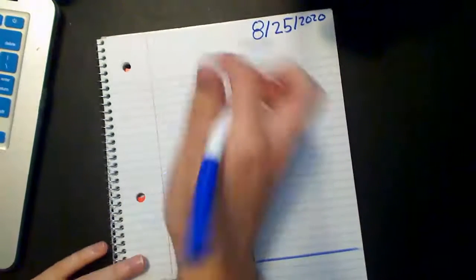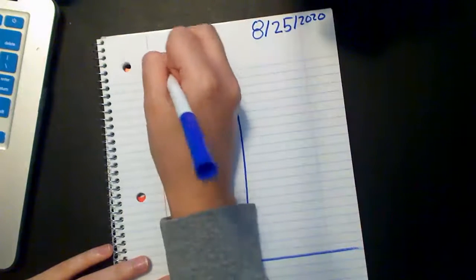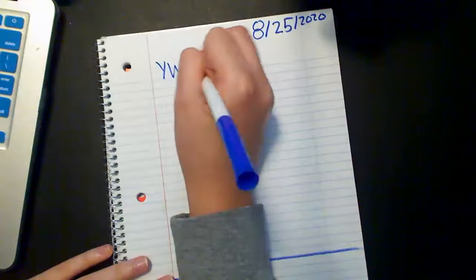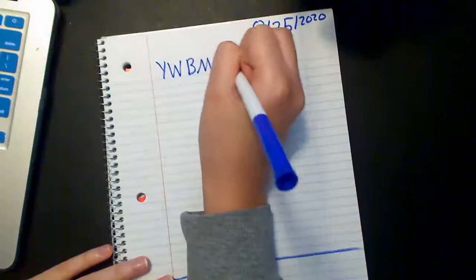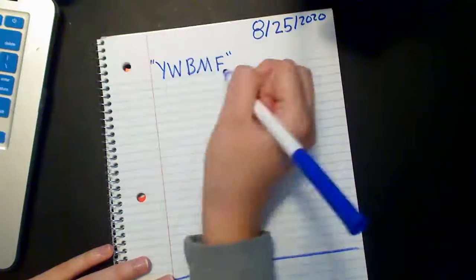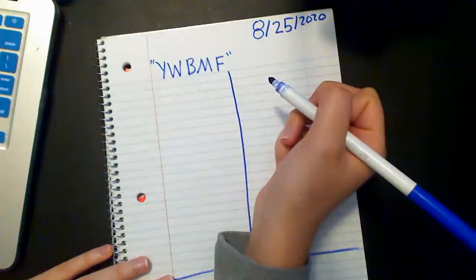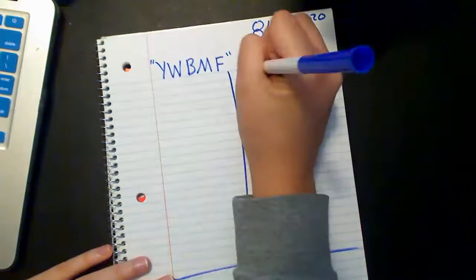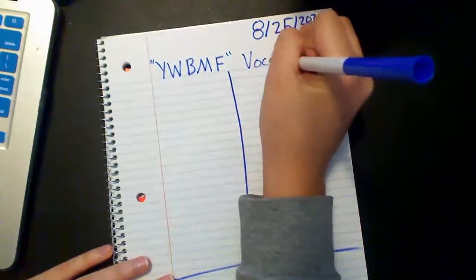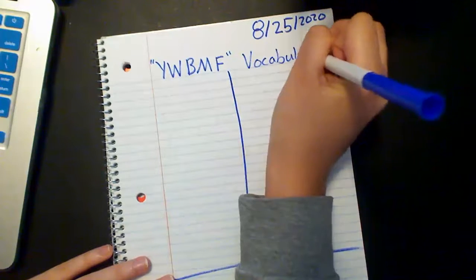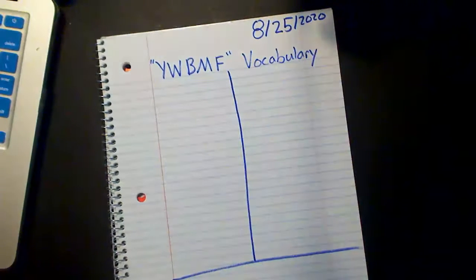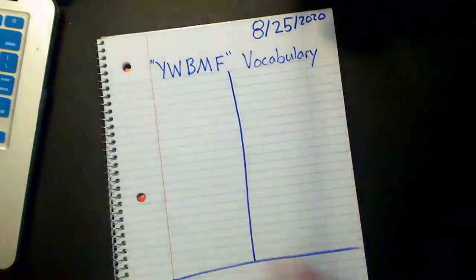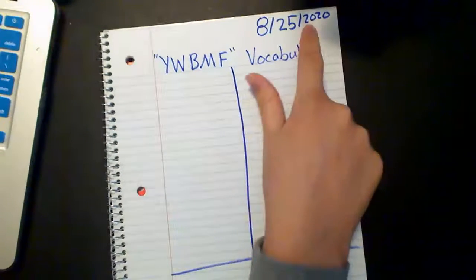This is going to be for You Will Be My Friend. It's just shortened because it's a really long title. And this is the vocabulary. So you should have your T and your title and the date.